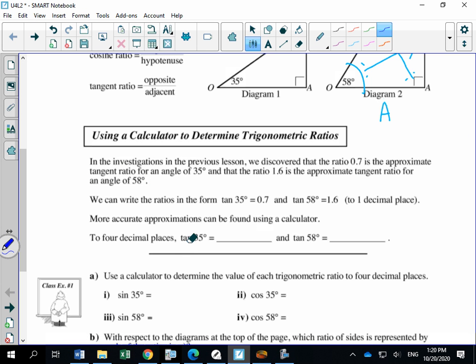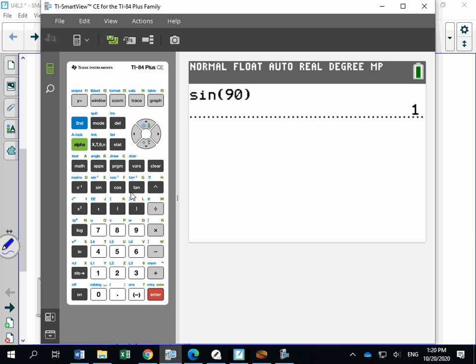Okay, the tan of 35 degrees, we know that the ratio goes on the right-hand side, but a ratio is a fraction, right? So what is the answer to the fraction? How you would do that is you would just say the tan of 35 degrees, and you would hit enter. So the 2 sides, when you do tan is TOA, opposite over adjacent, this would be the ratio.